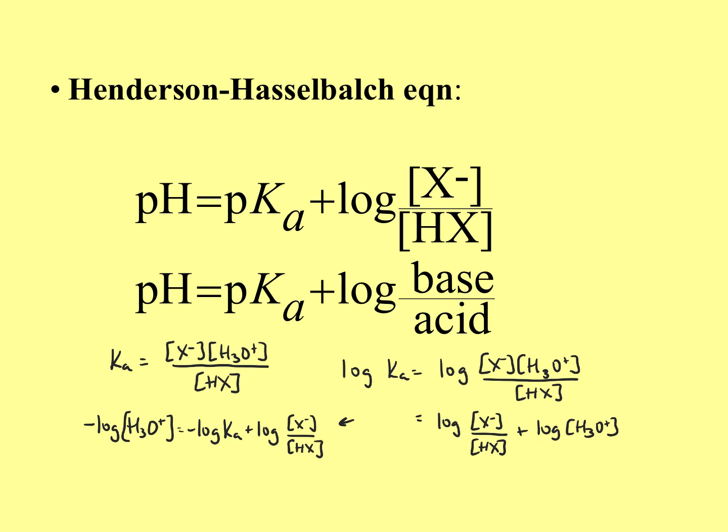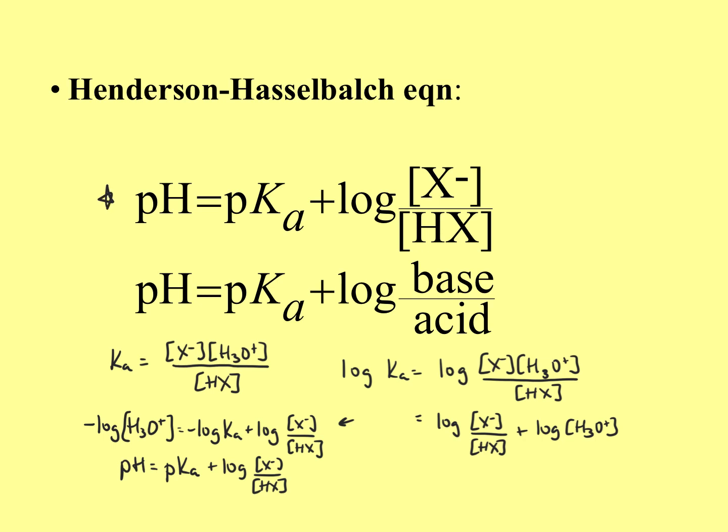And negative log [H3O+] is the same thing as pH, and negative log Ka is the same thing as pKa, plus log [X-] over [HX]. And that is the same as this equation right here.